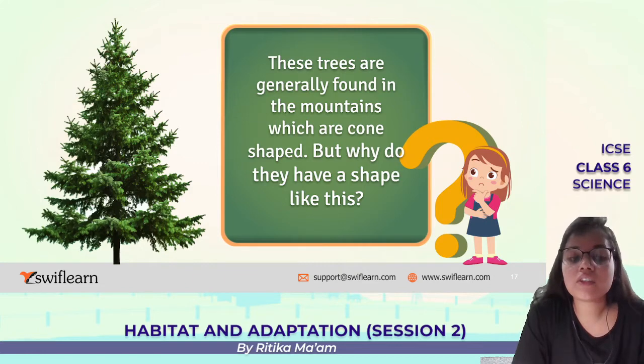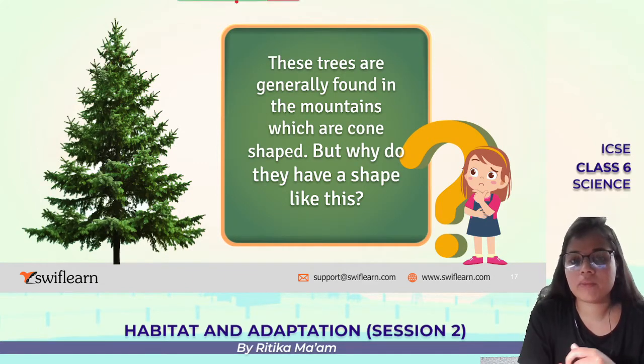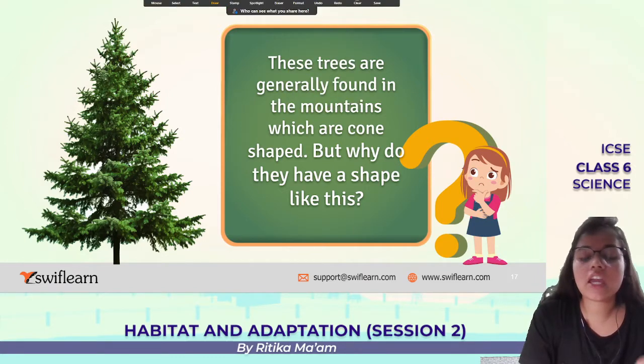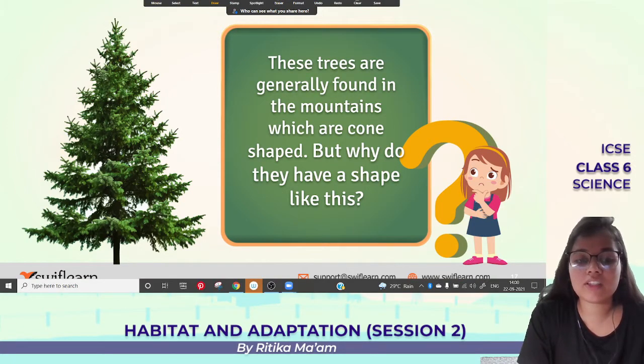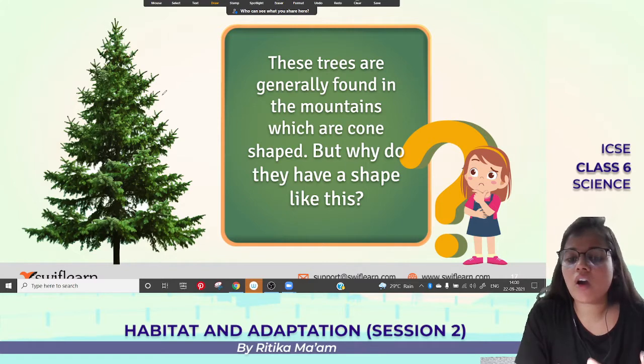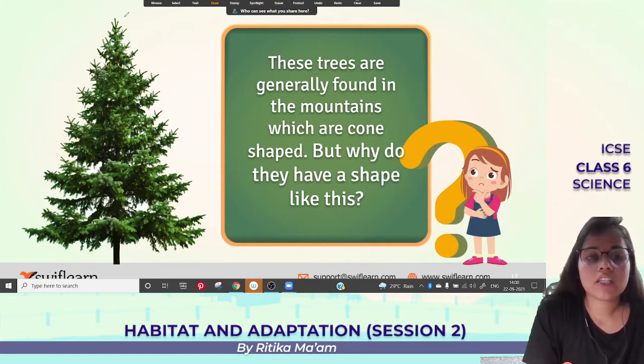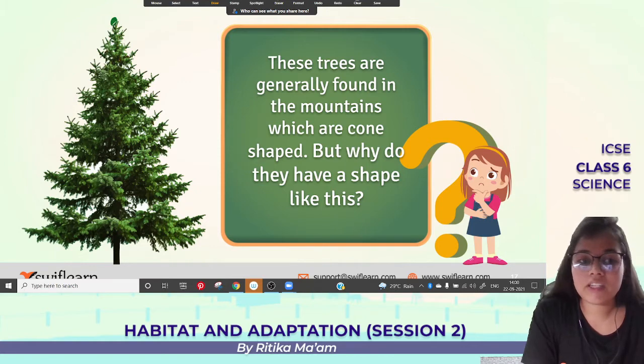The trees which are found here are conical in shape. Now, why do the plants in the mountain region have this conical shape and not the normal shape which we find in the terrestrial habitat? See, for example, if I keep something here, the conical shape allows it to fall down, right?